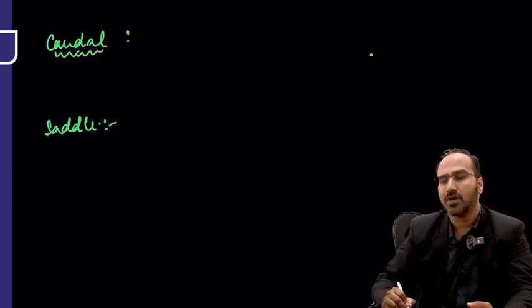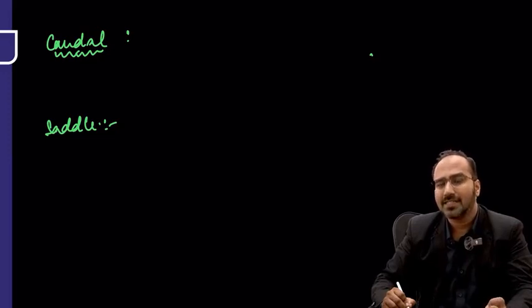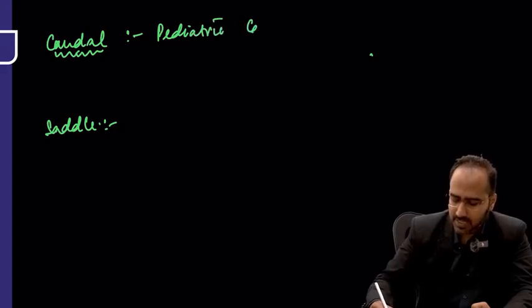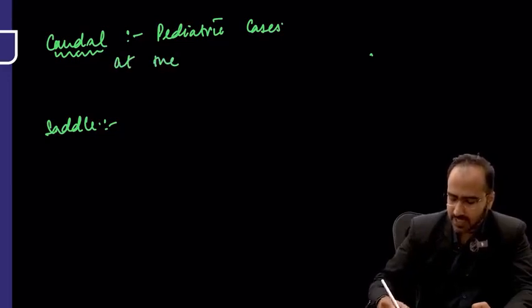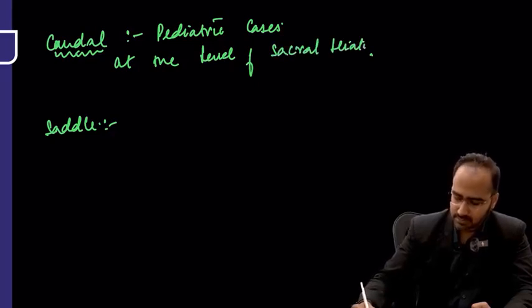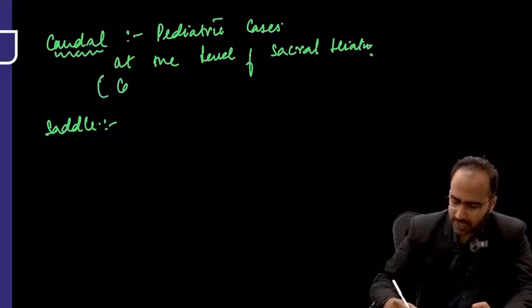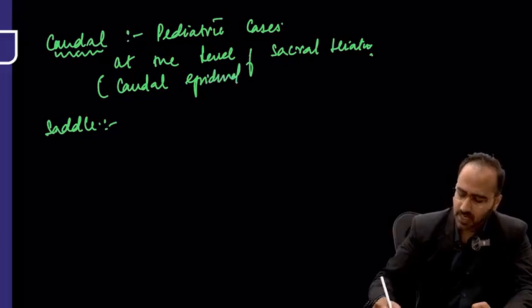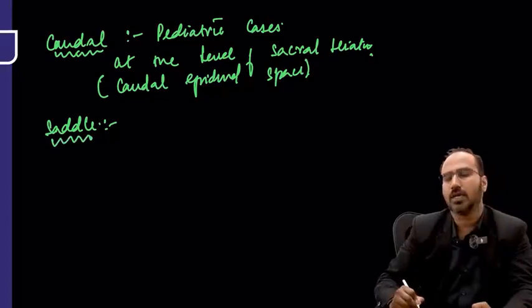Caudal anesthesia is basically the anesthesia which is given in pediatric cases at the level of the sacral hiatus. It is given in the caudal epidural space.